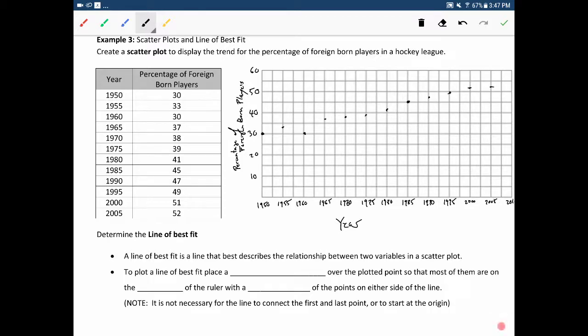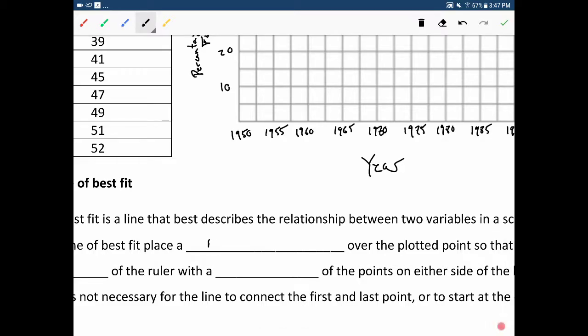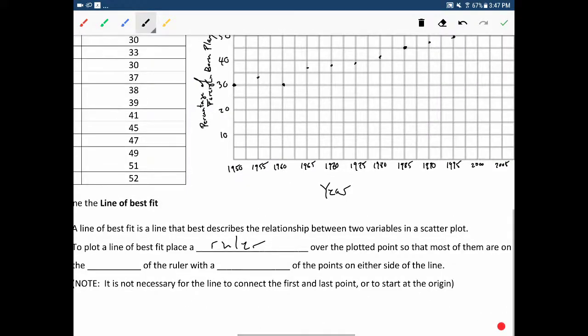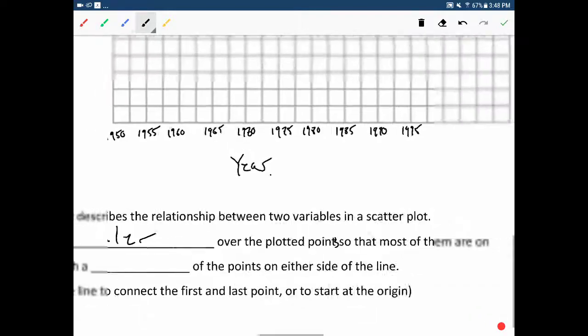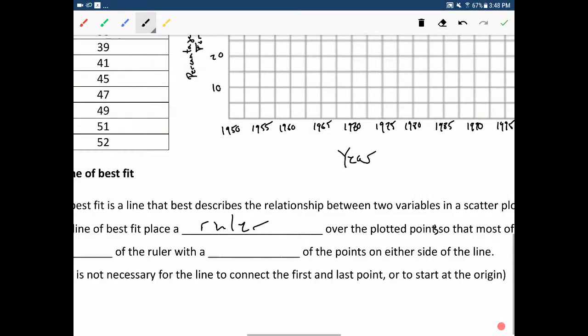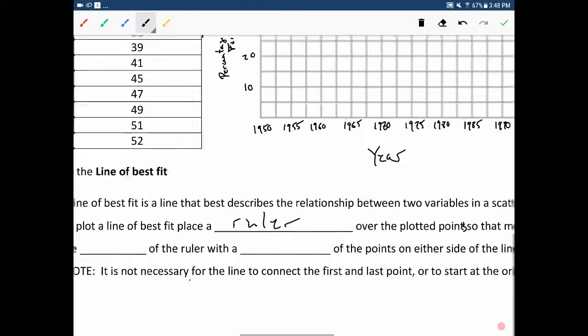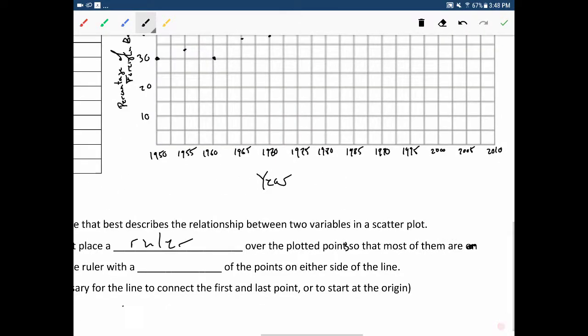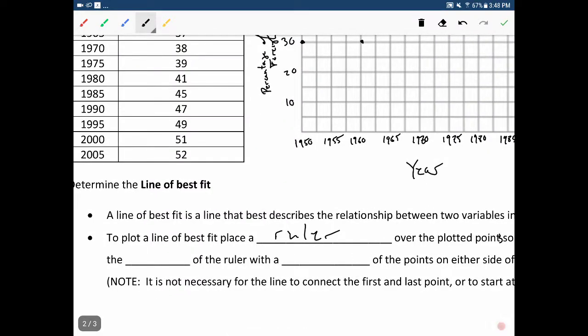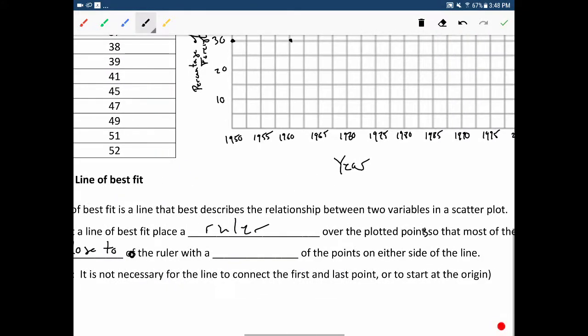Okay, so to plot a line of best fit, we're going to place a ruler, which I'm not going to be able to do with this tablet, but you'll get the idea, over the plotted points so that most of them are close to the ruler, with half of the points on either side of the line.